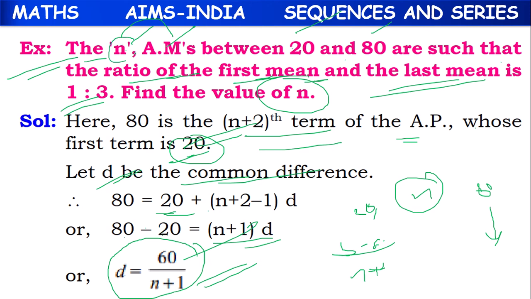But this n value we don't know, because they have just given n arithmetic means. The number they have not mentioned. So let's take it as n only. So d value is 60 by n plus 1.